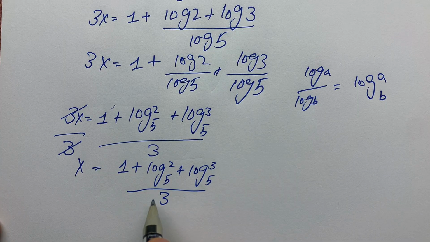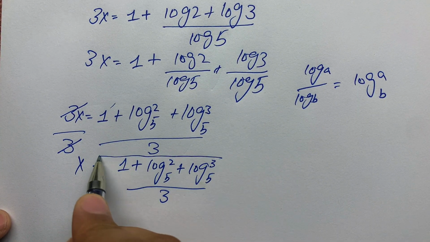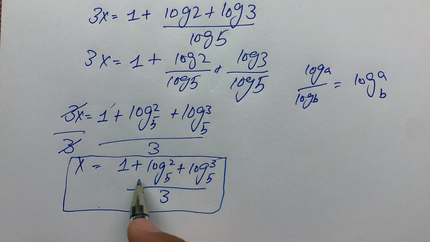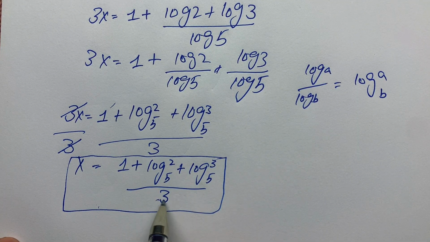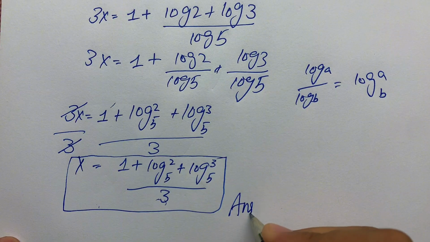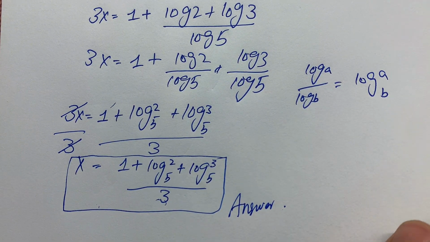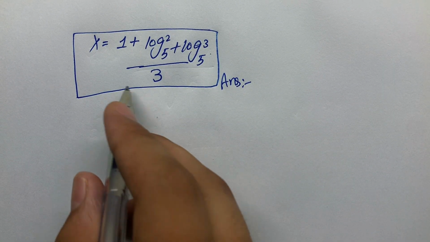So that is our answer to this Olympiad math problem, and our x is equal to 1 plus log of 2 base 5 plus log of 3 base 5, whole divided by 3. This is our answer to this Olympiad problem. This is our value of x here.